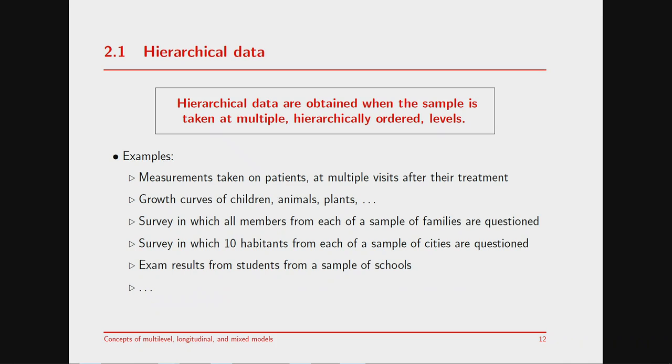I can show you that with a picture. Suppose I'm interested in an outcome Y, which could be anything, and its relationship with age.